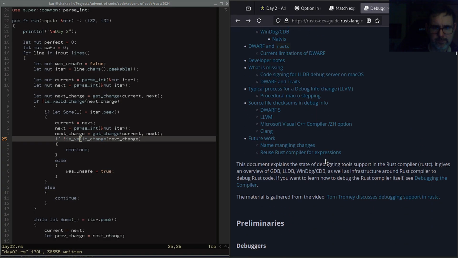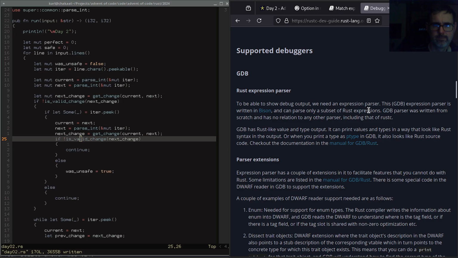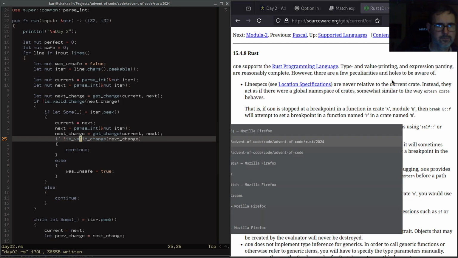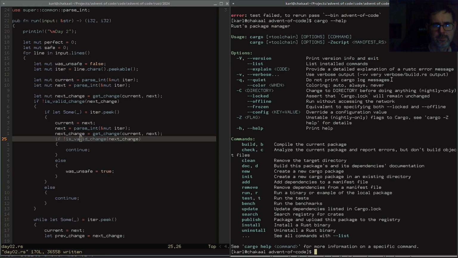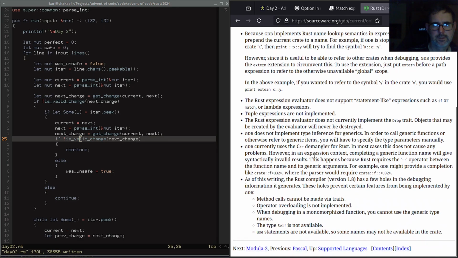That was remarkably unhelpful. So does cargo have, because right, the thing is I don't necessarily know where my executable is.